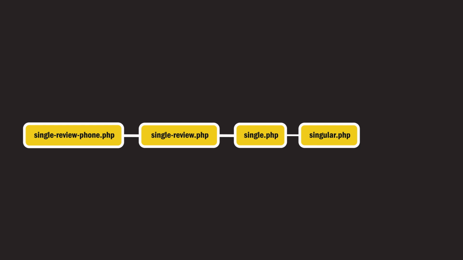And lastly, if WordPress is not able to find singular.php in the template hierarchy, it falls back to the index.php file. Finally, WordPress ultimately falls back to index.php. Now, keep in mind, if a WordPress template file does not exist, WordPress always falls back to the index.php template file. You can find more about this template file hierarchy in the WordPress handbook.